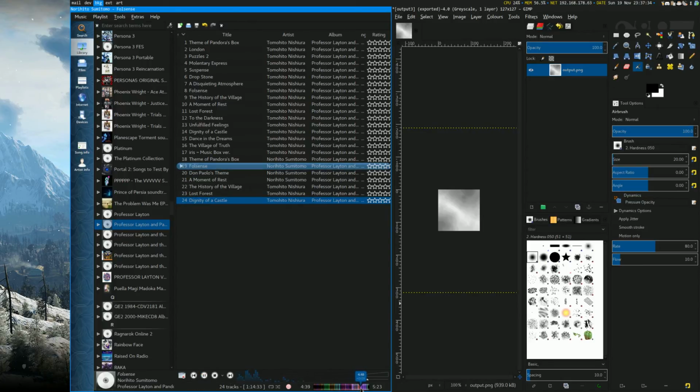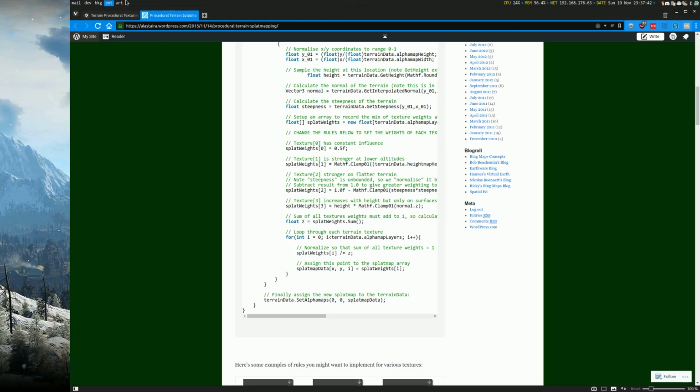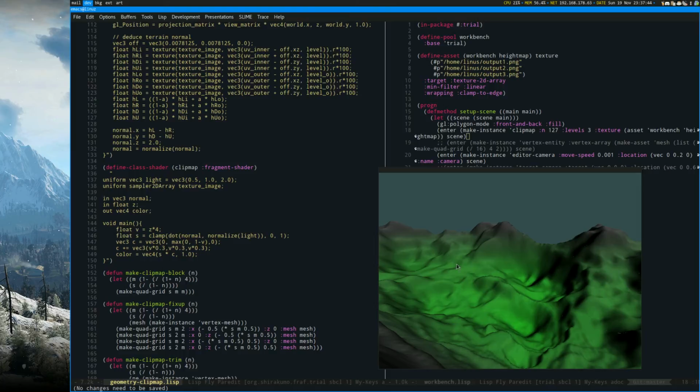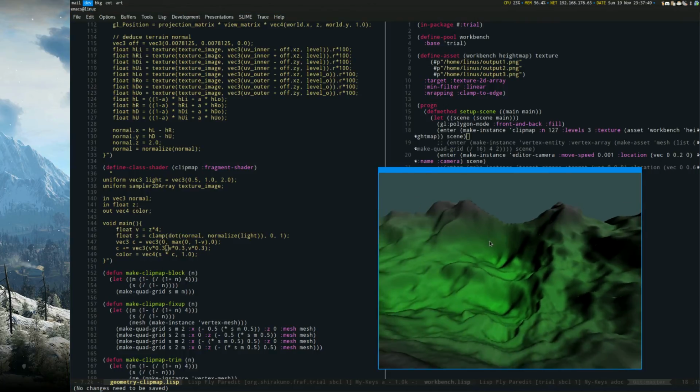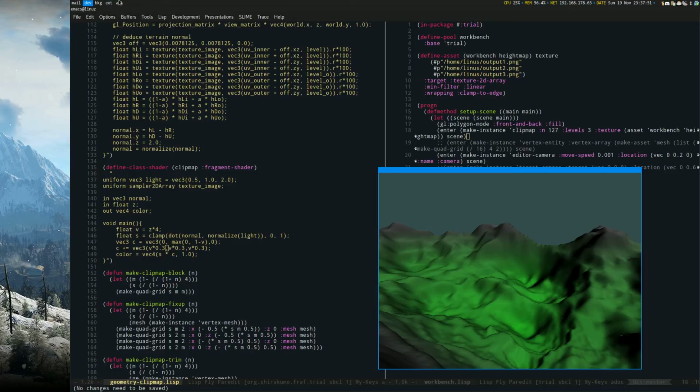Why is it just weird? It's just like this stuff. I'm trying to get somewhat interesting coloring depending on the height, so that's it.